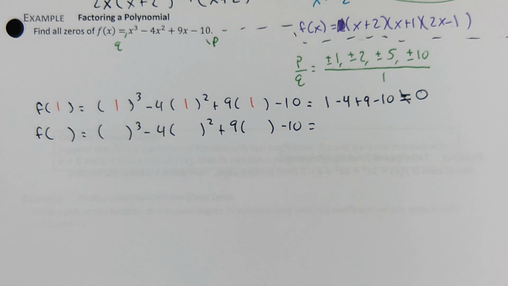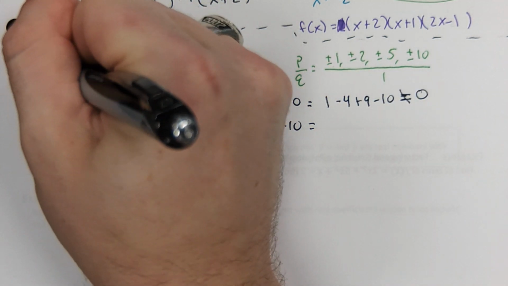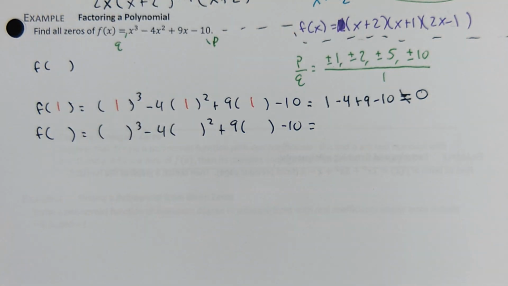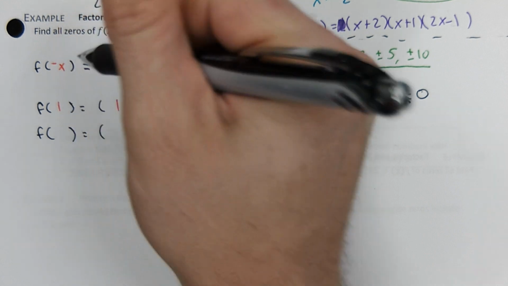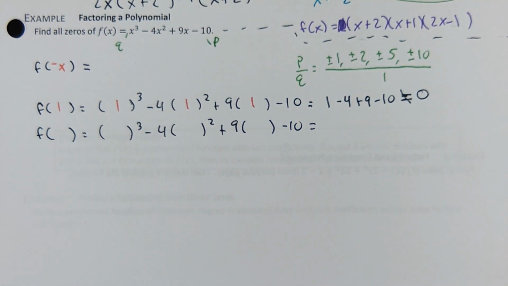And if you wanted to, you could plug in negative x for all the x's. You know what? Let's do that real quick. What happens if you plug in negative x? If you remember the shortcut, remember what I told you, all it's going to do is switch the symbol that you have on anything with an odd exponent.